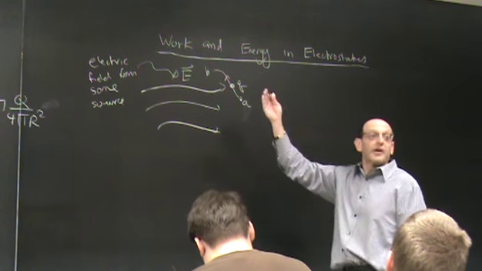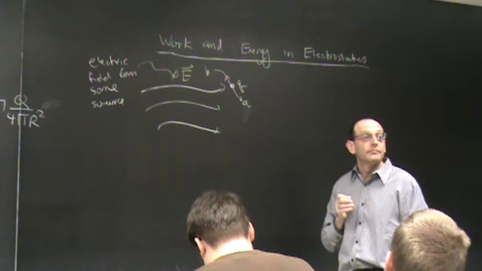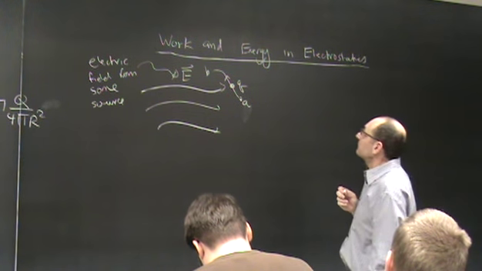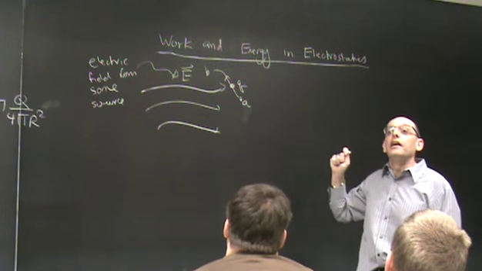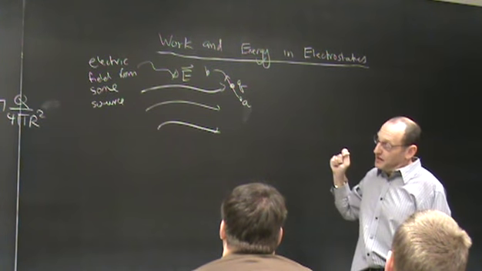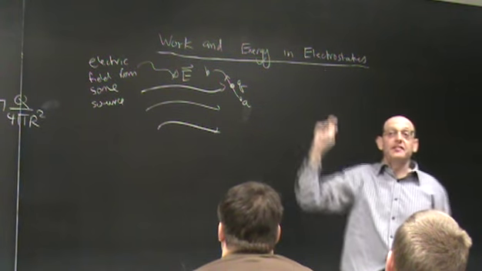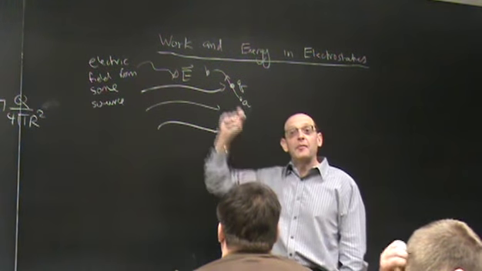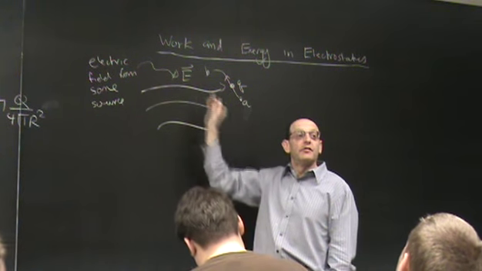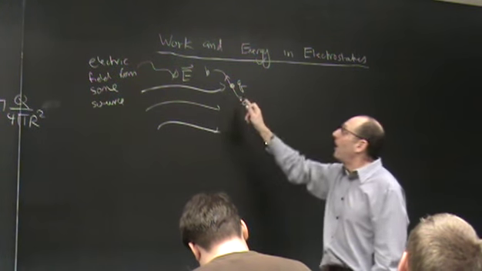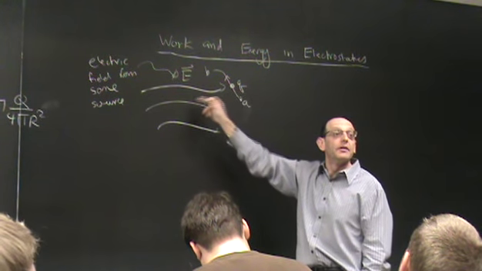Then I have to do work to do that. Okay? And if the work I do is applying a force through a distance, that force that I'm going to apply is going to be equal and opposite to the force acting on the charge by the field.